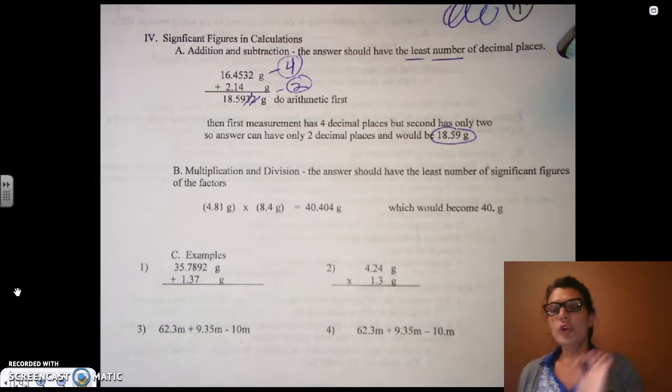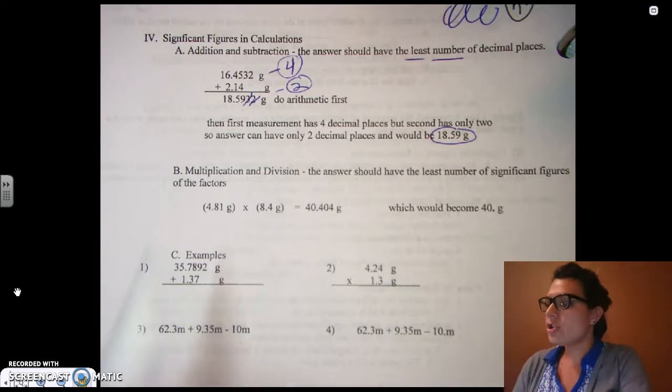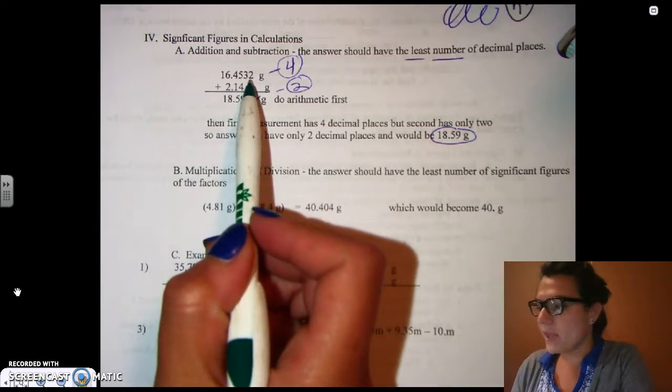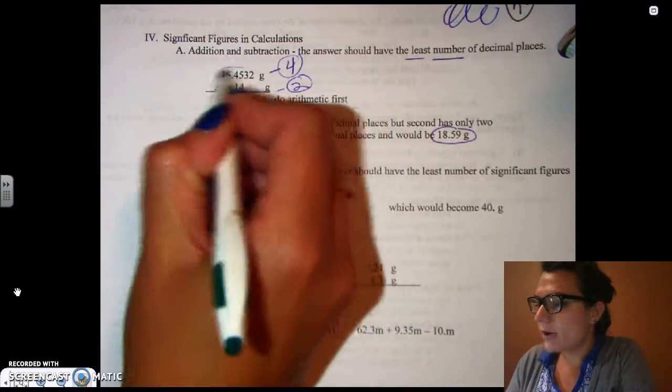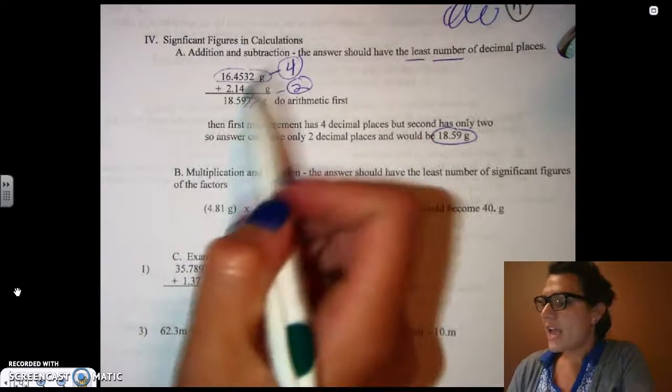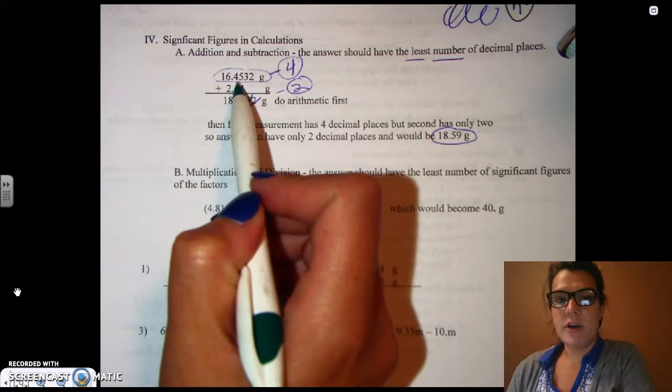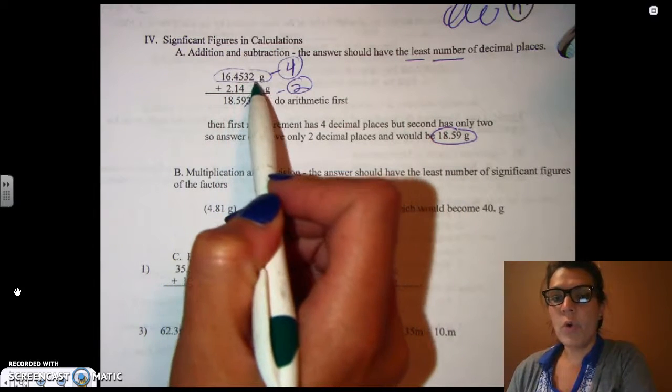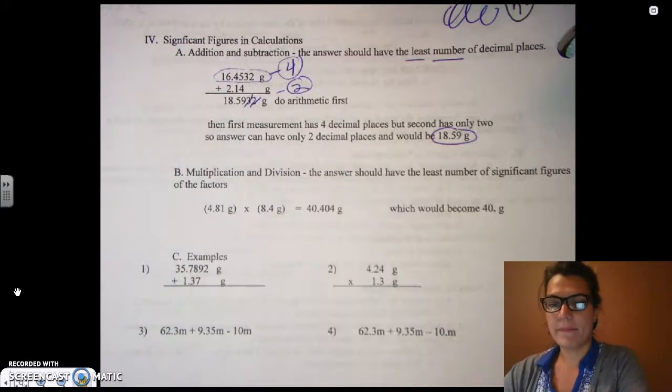Okay, so why do I do this? You can only be as precise as your most precise instrument. If I'm looking at this example, this scale, because it's grams, so that means it was measured in mass, is telling me that I can measure 1, 2, 3, 4 places past the decimal.